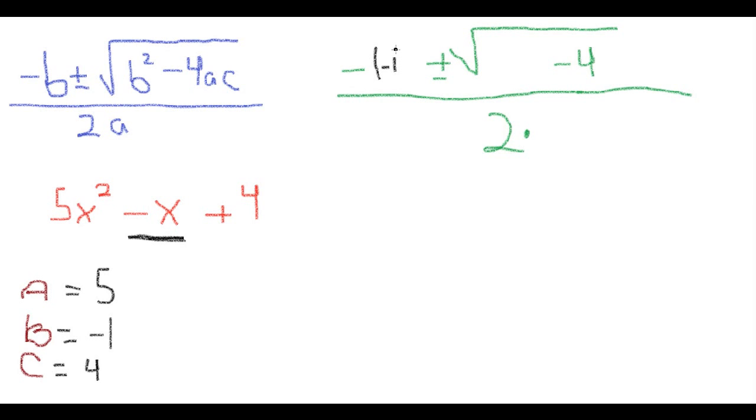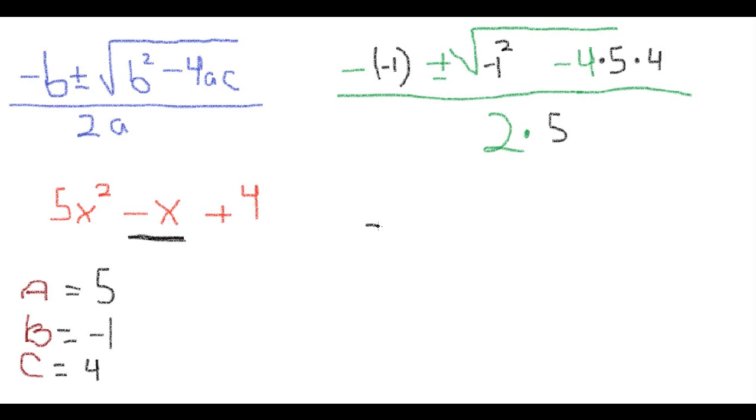Our b will be negative 1. I'm sorry about my poor parentheses, minus 1. And our b squared will be negative 1 squared. Minus 4ac, our a will be 5. And our c is 4. Times 2a, our a will be 5.